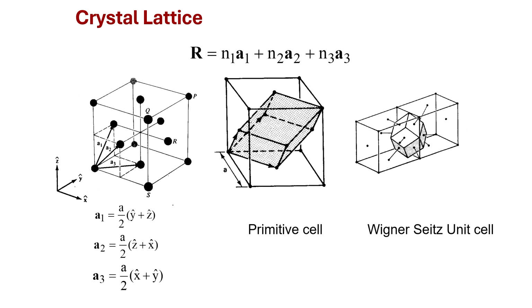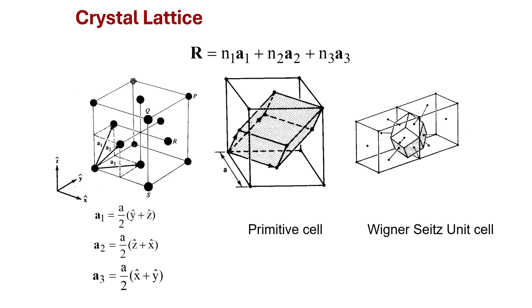The primitive lattice vectors for this lattice are A1 = (a/2)(y + z), A2 = (a/2)(z + x), and A3 = (a/2)(x + y). Using these vectors, one can create a primitive cell. A primitive cell is the one which contains only one lattice point. I assume you know what a primitive cell is. This is the smallest primitive cell that we find inside it.